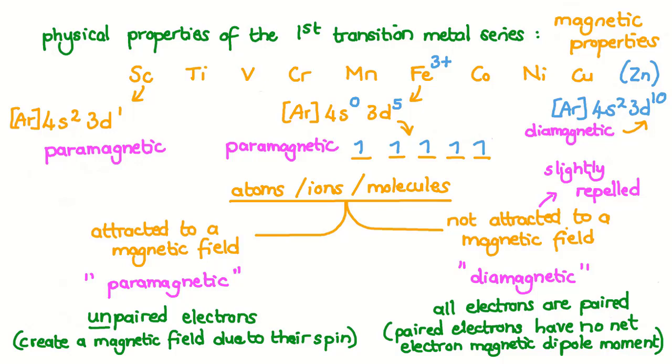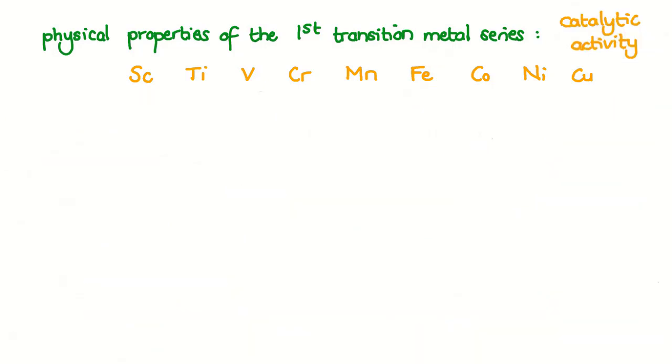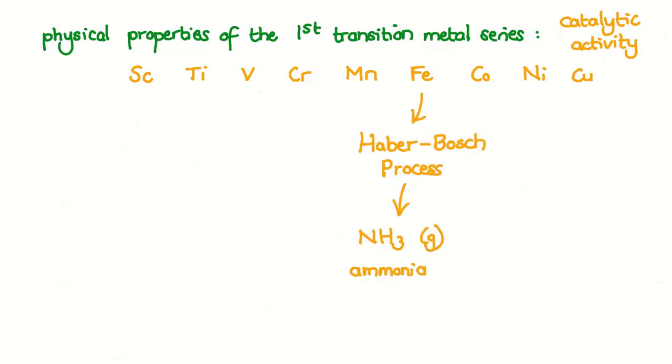We are going to look at 2 more properties of these transition metals. Next up is catalytic activity. Many transition metals are very useful in industry due to their excellent catalytic activity. For example, iron is used in the Haber-Bosch process. This is the production of ammonia.